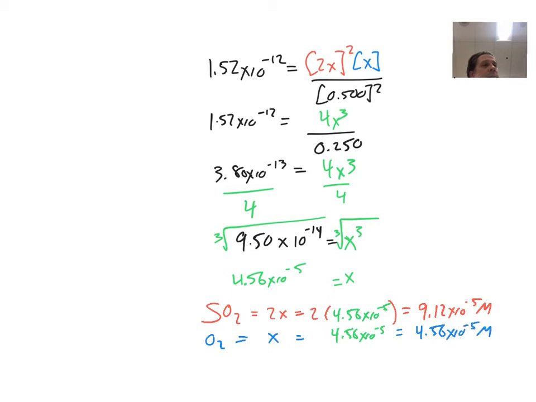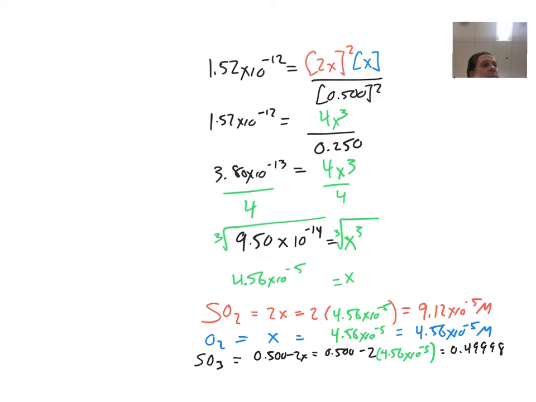And then for SO3, it was 0.500 minus 2 times 4.56 times 10 to the minus 5, and when I plug that into the calculator, I get like 0.49998 or something like that.